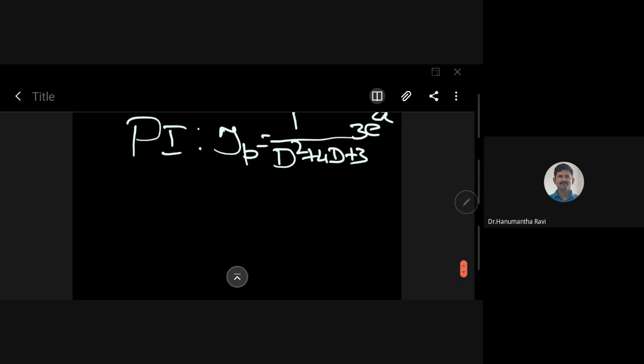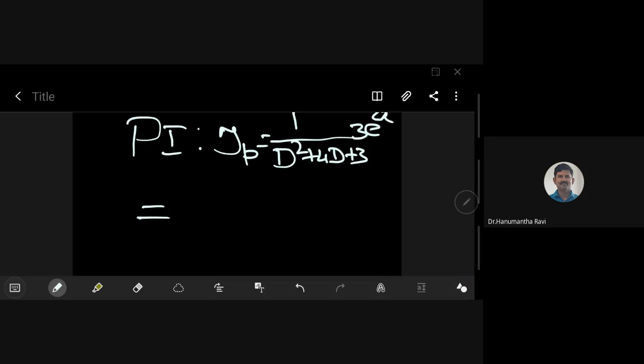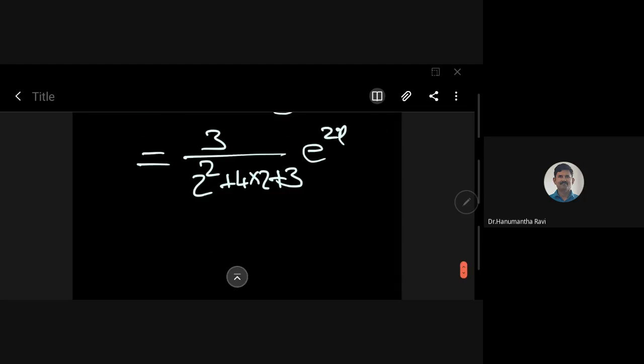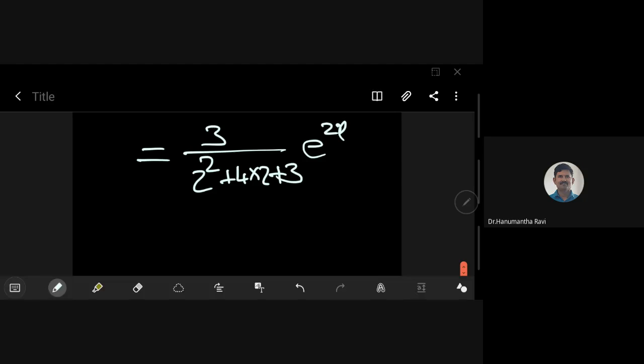I already told this, you simply put in the denominator that 2 value. So you have 3 by 2 square plus 4 into 2 plus 3, e power 2x. So e power 2x you have to keep. This is 3 by 4, 8, so 12 plus 3 is 15, e power 2x.